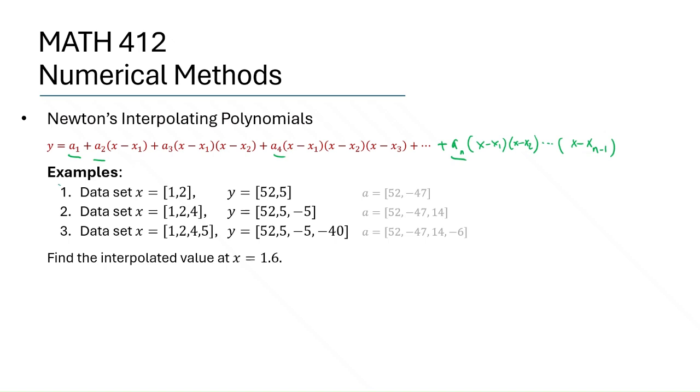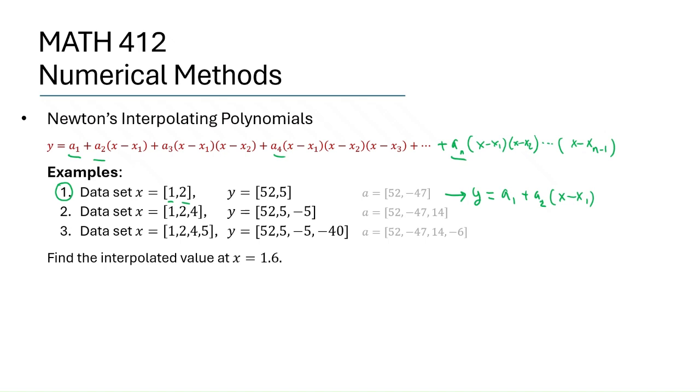Say, for example, you find this. To find, in this case, we know y will be a1 plus a2 times x minus x1, right? That's the first term for the first data set. To find a1 and a2, we use the two points to evaluate.